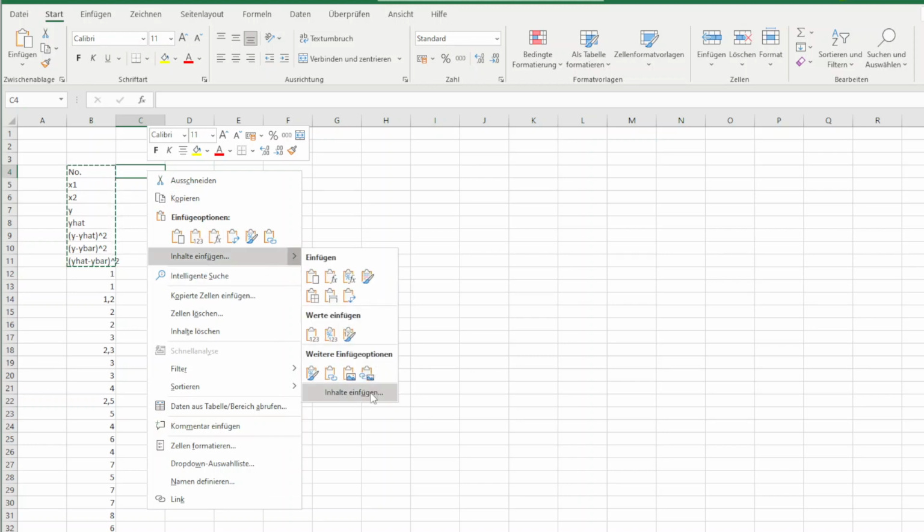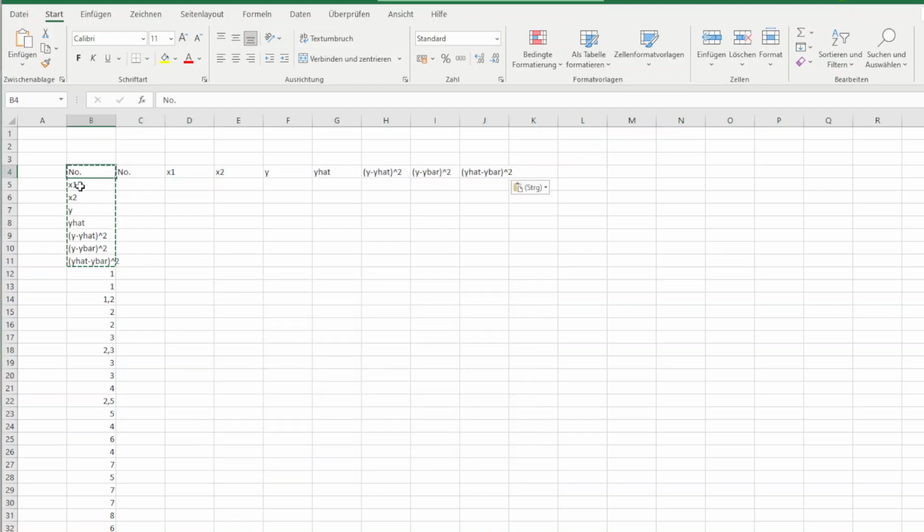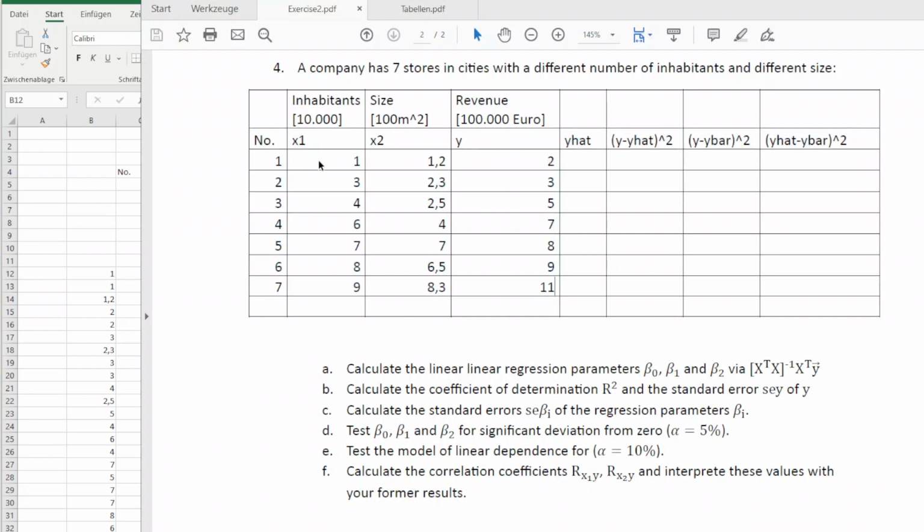That we want to have it not in a column, but in a line. So here you have the possibility to just transpose the data. So we have this, and then 1.22 is just this line here. 1.22.